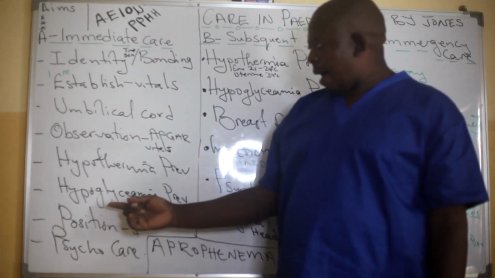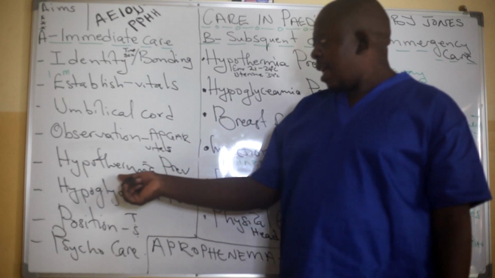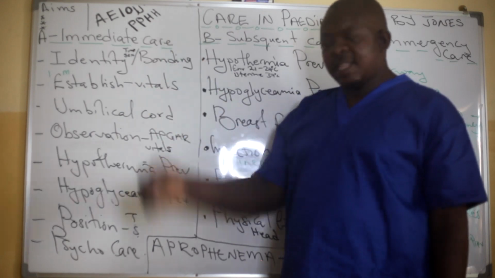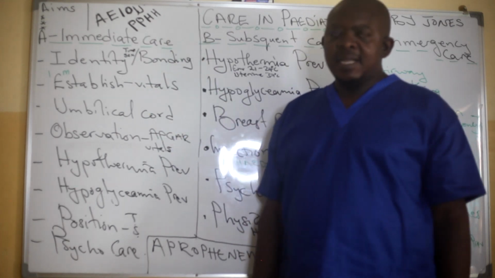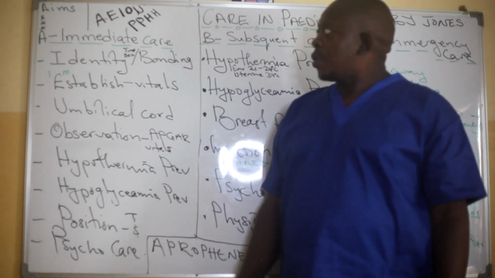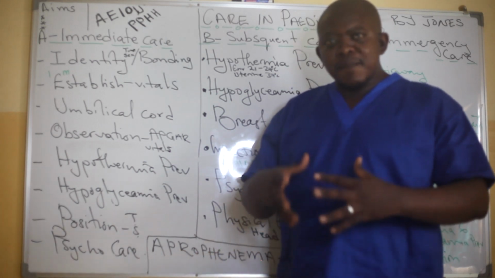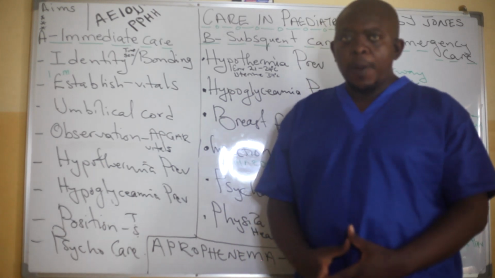And we have hypoglycemia prevention and hypothermia prevention for letter H and the other letter H. So that is just an easy way of remembering the immediate care of the newborn.